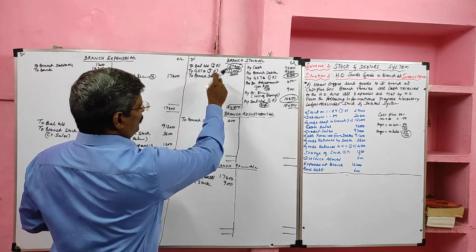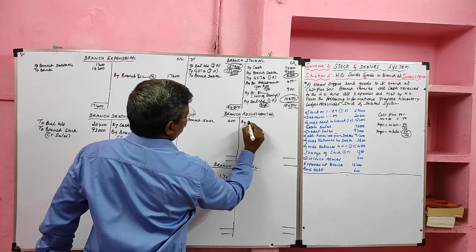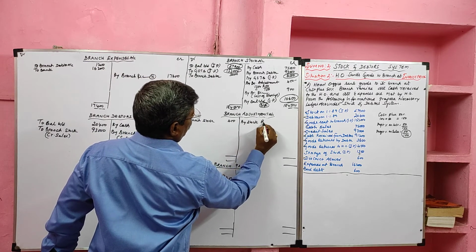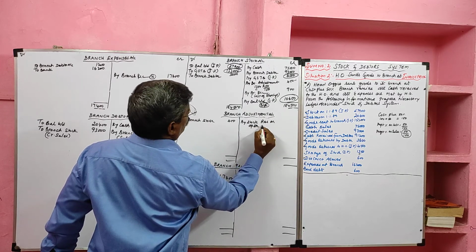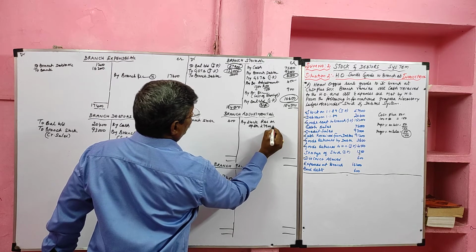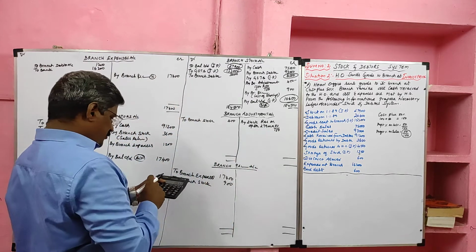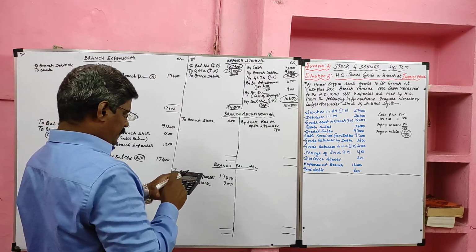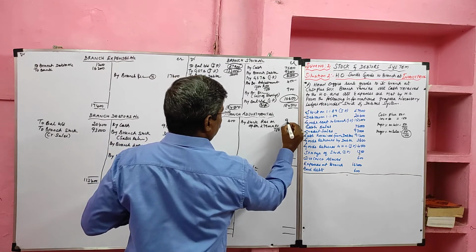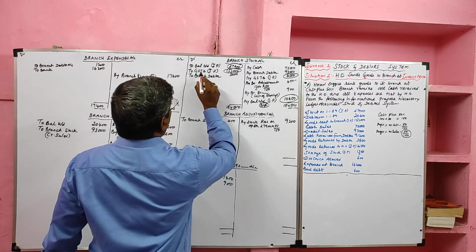For that we have to take stock reserve in the credit side of branch adjustment account, by stock reserve on opening stock. Total value 27,900 into 50 by 150. So we are going to calculate unrealized profit included in the opening stock. How much? 9,300.